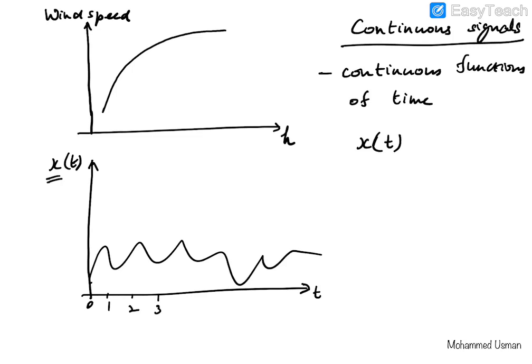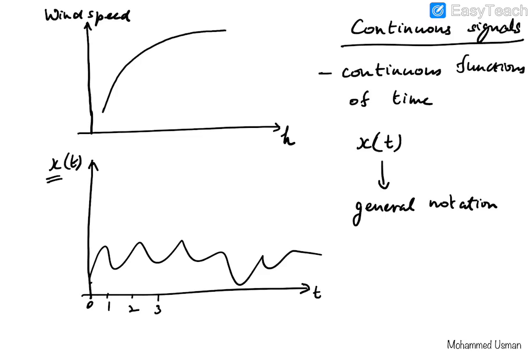Okay, so the general notation for a continuous signal is as such. And we will be using this notation throughout this course. So a continuous time signal will be denoted as whatever the name of the signal is, x, y, h, v, whatever, but it is a function of time, so we'll put time in parentheses or round brackets.